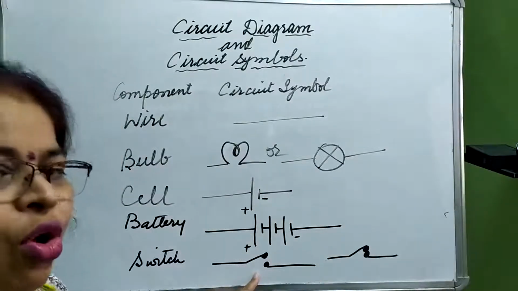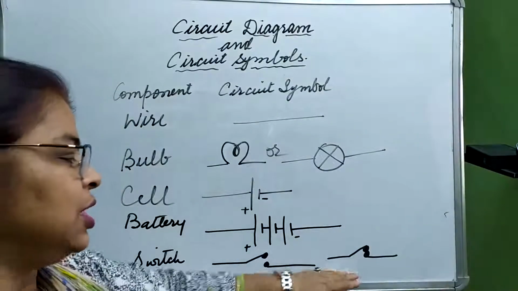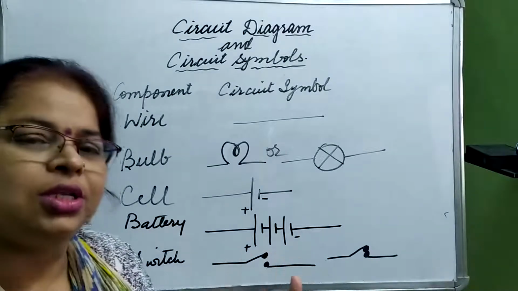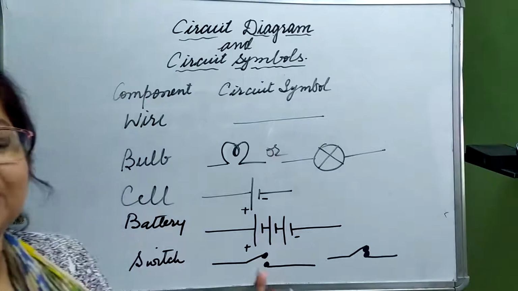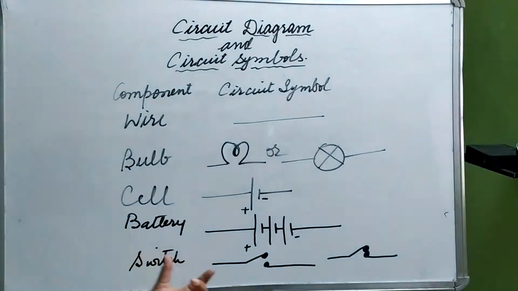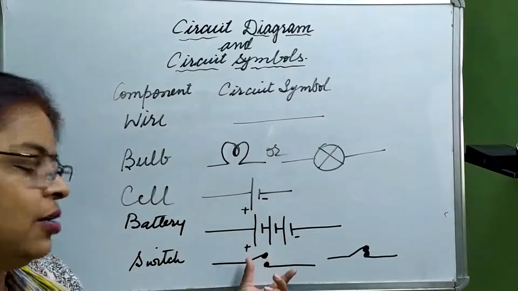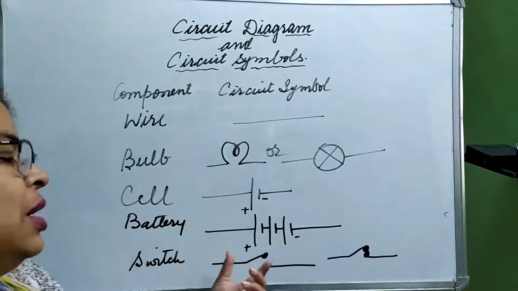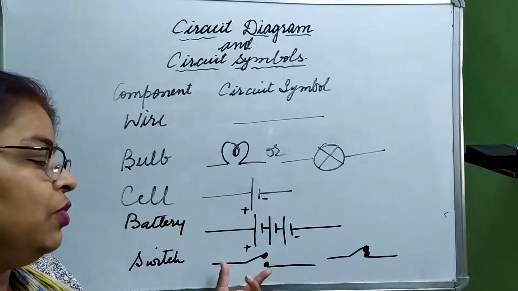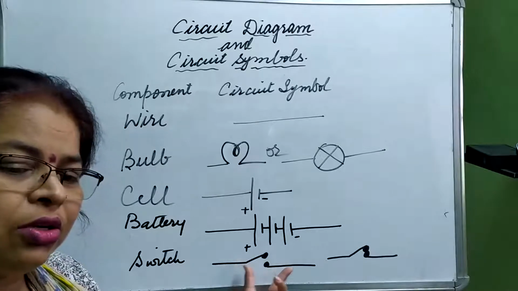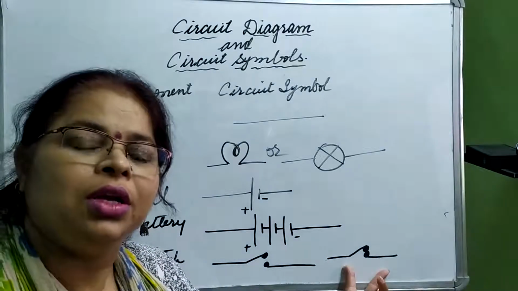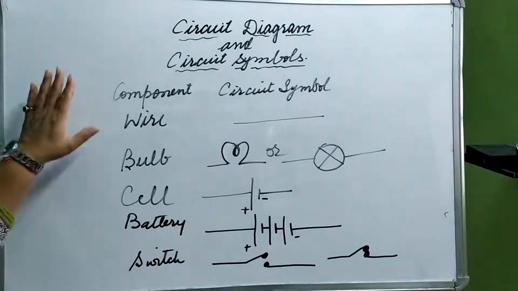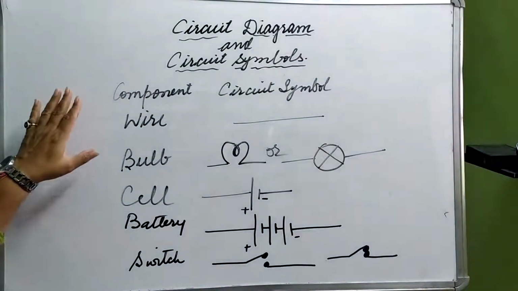What does a switch do? A switch is a device used to make or break the circuit, meaning either the current will stop flowing through the circuit or it will keep on flowing. So these are the circuit diagram and circuit symbols.